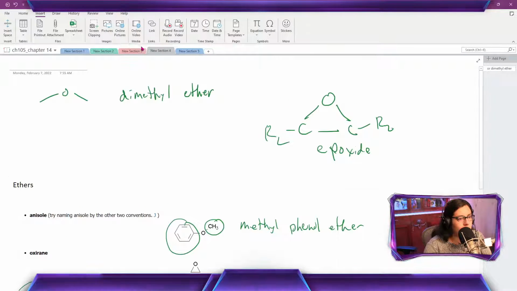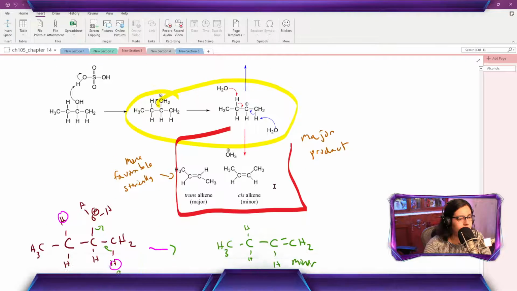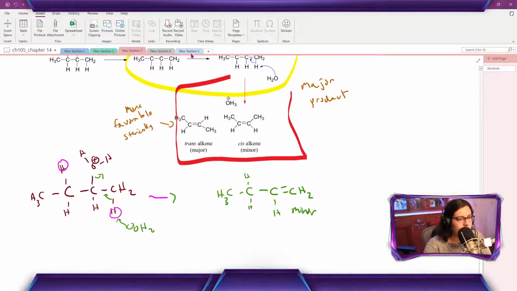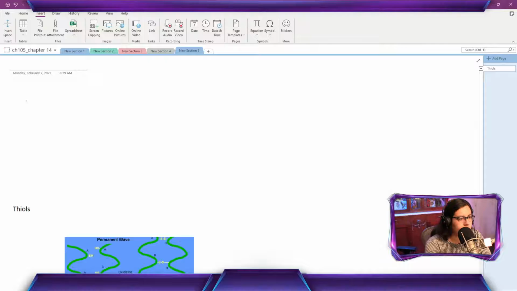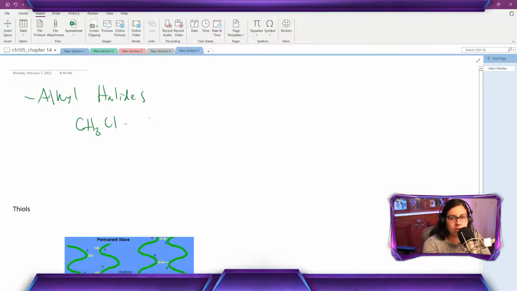Oh, where did our alkyl halides go? So these alkyl halides are just anything with a halogen. Some common ones: this is chloroform. Welcome, welcome in the chat. Happily take chemistry questions.